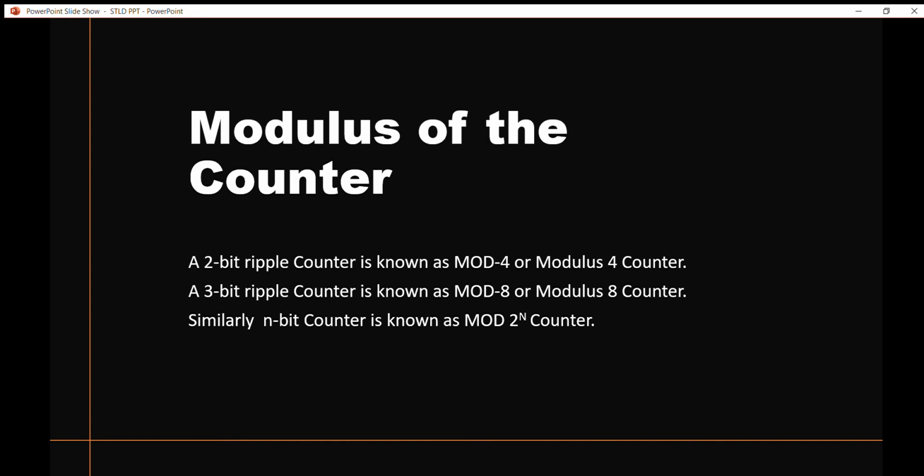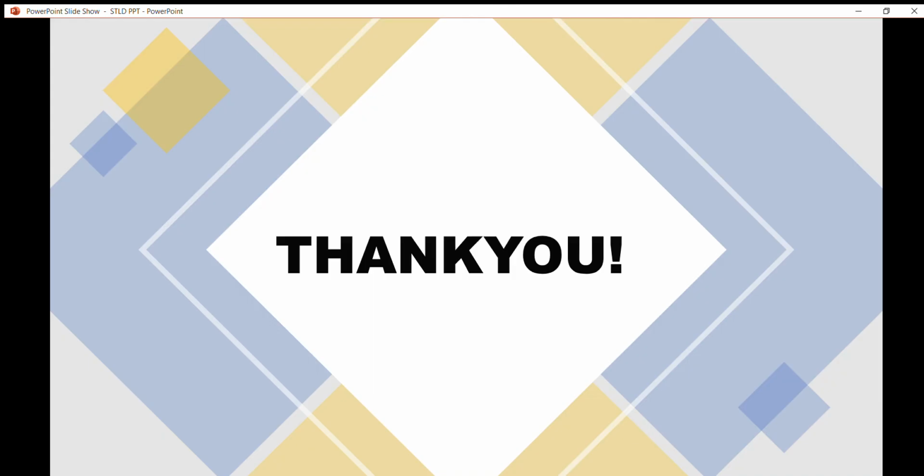Similarly, a 3-bit ripple counter is known as mod 8 or modulus 8 counter. Therefore, we can generalize that an n-bit ripple counter is known as a mod 2 to the power of n counter. This is the generalization that we have come to know after considering all these examples. Thank you.